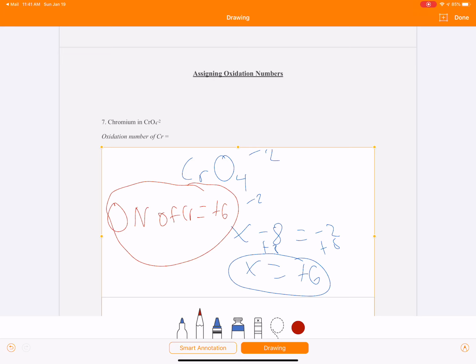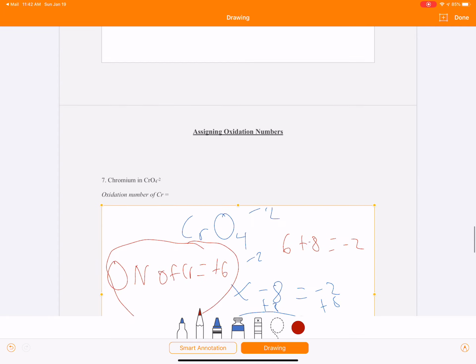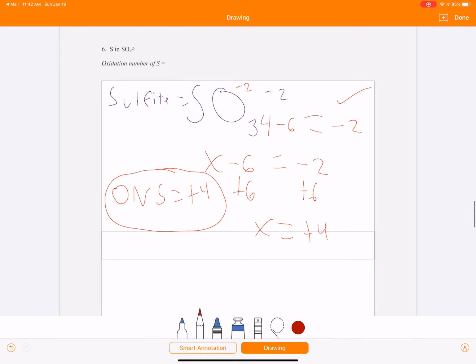You can double check that by saying 6 plus -8 equals -2. Because you add the charges and you get the net charge of -2.